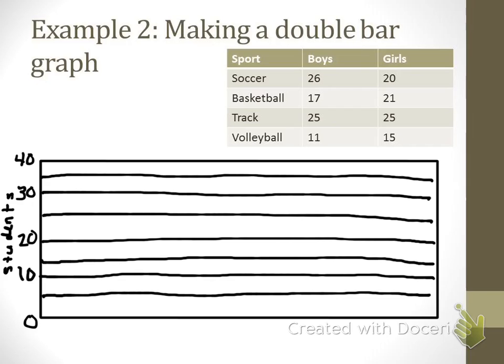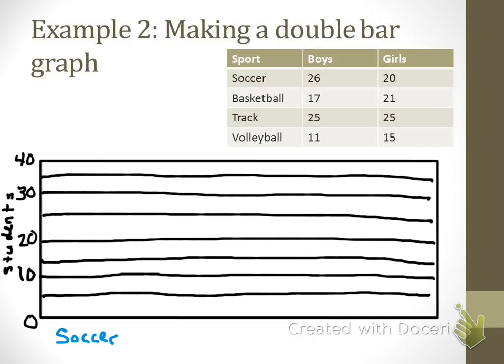The first category is soccer. If you have colored pencils or colored pens, it would probably be a good idea to use those for this one. It just shows the difference. Another very important part of this is to have a key.